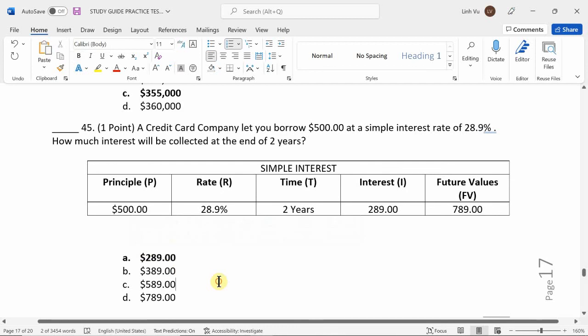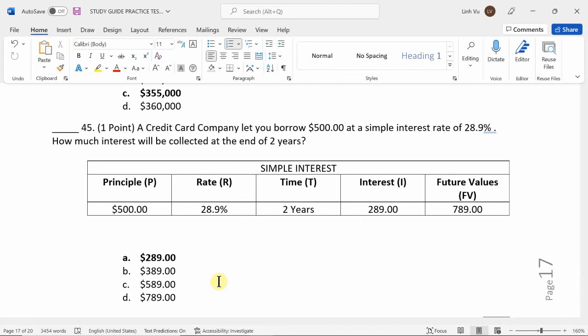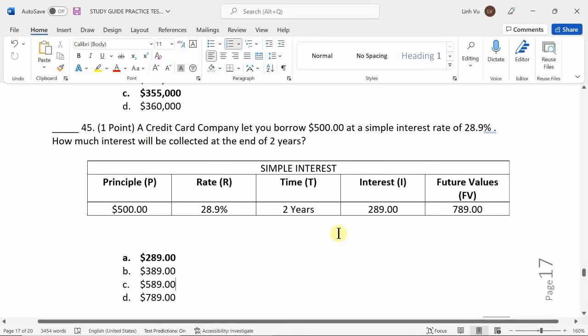Okay. That's a lot of interest, but again, that's what credit cards do, right? Well, instead of simple, they would be charging you twice as much, right? Because it's compounded every month. But in this case, that's a lot, right? At the end of 2 years, that's almost half of what you borrowed.